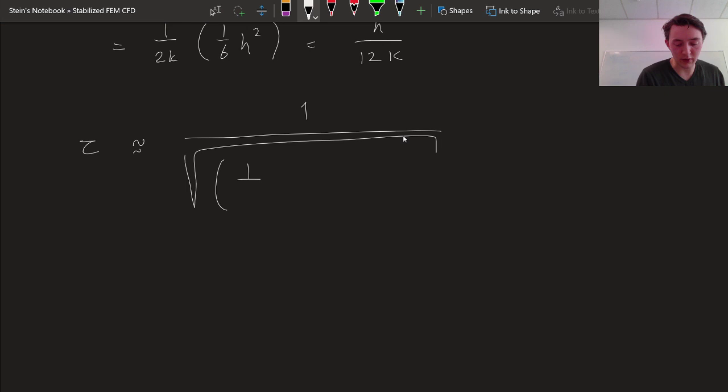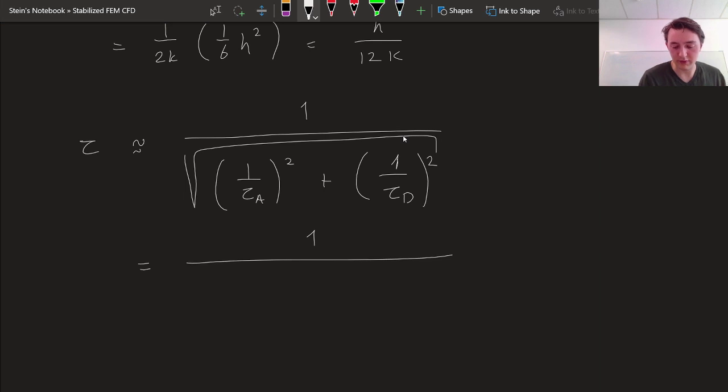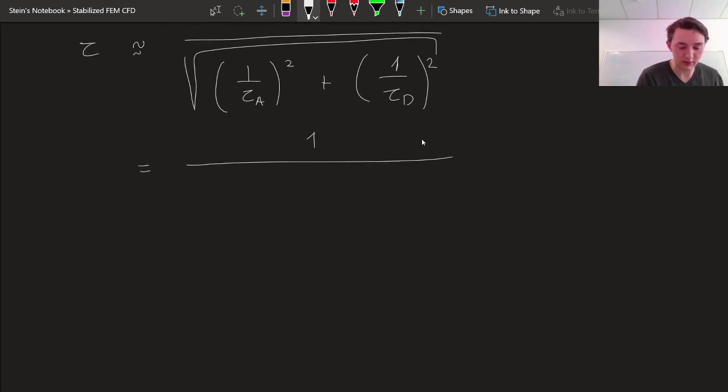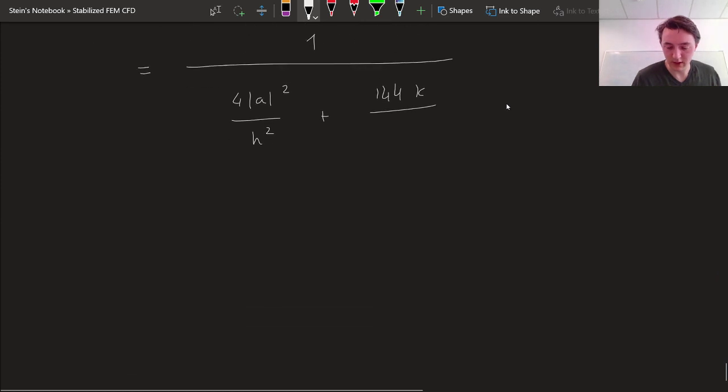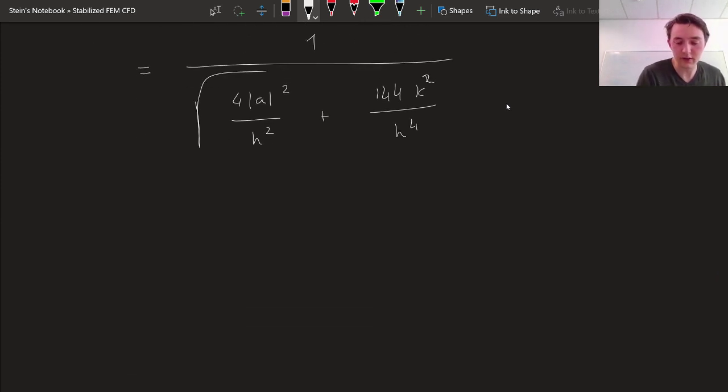That's going to be 1 over tau a squared plus 1 over tau d squared. And if we fill that out, then we get the square root of 4 times the magnitude of a squared over h squared plus 144 kappa squared divided by h to the 4th.